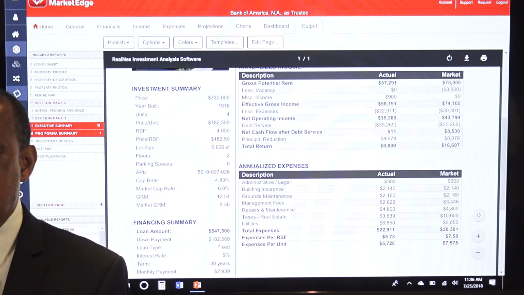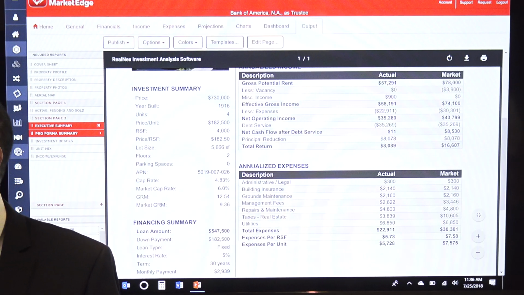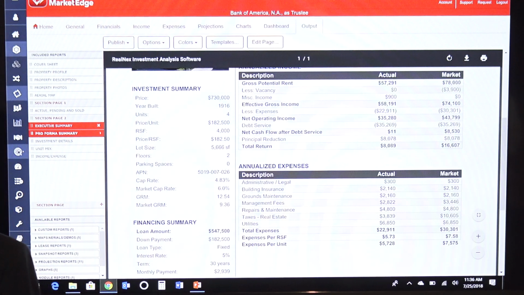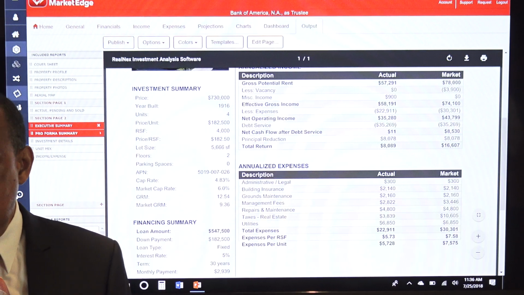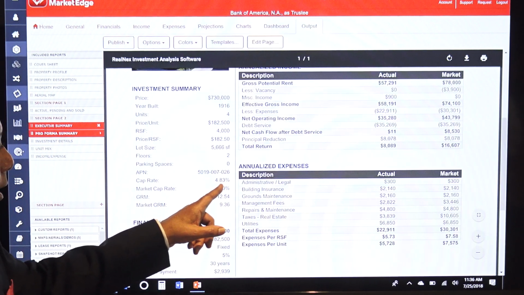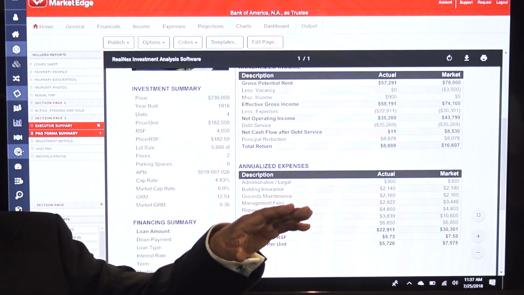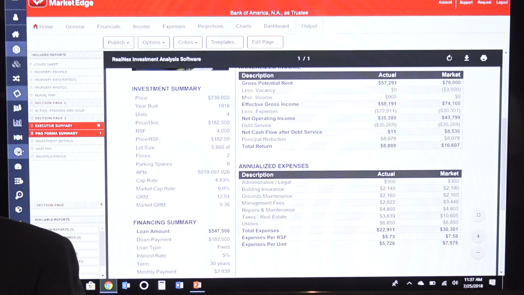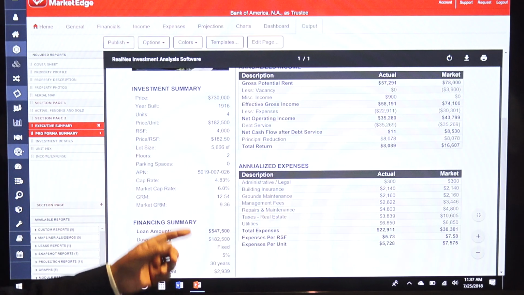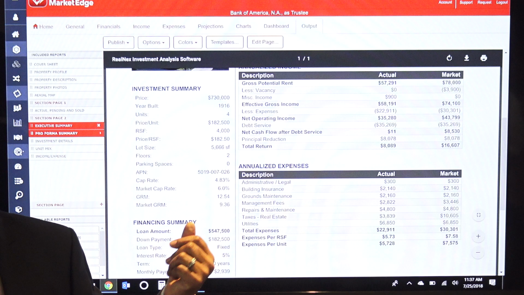Whenever you have internal rates of return, that takes into consideration principal reduction, depreciation, and appreciation. Depreciation is a whole different class we're going to get into. This cap rate number is 4.83 on the surface, but once you take into consideration depreciation and internal rate of return, this number could be close to 8%.